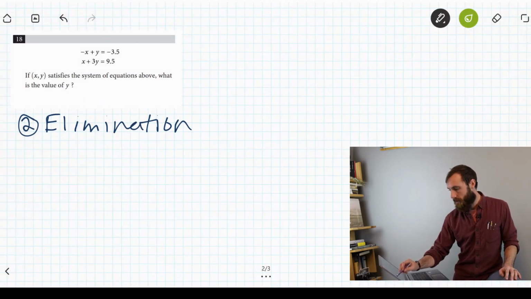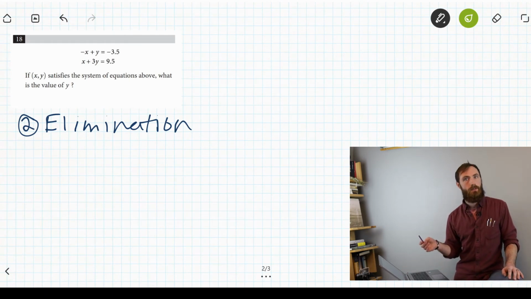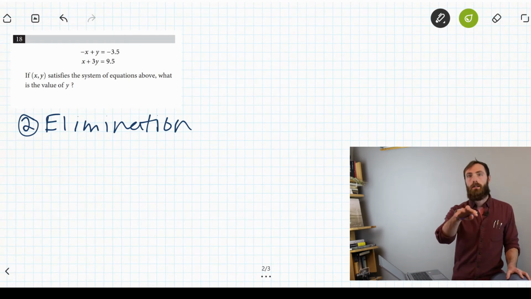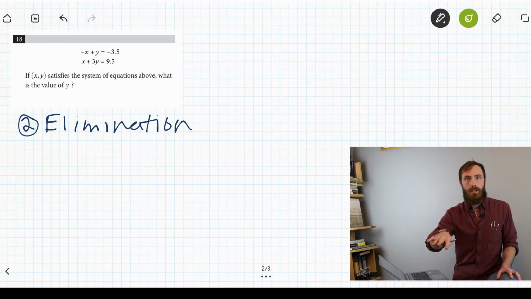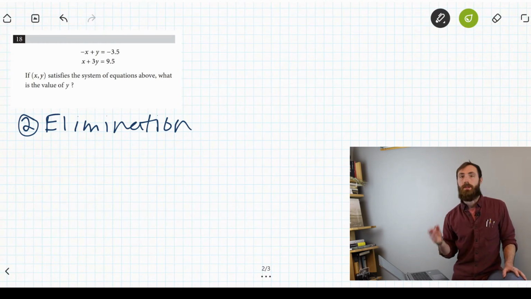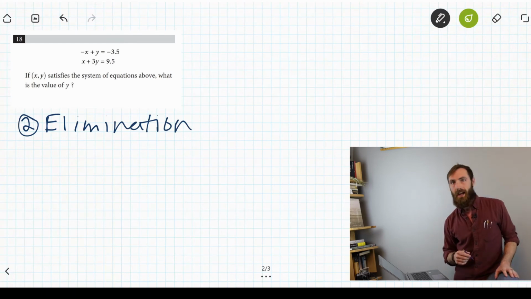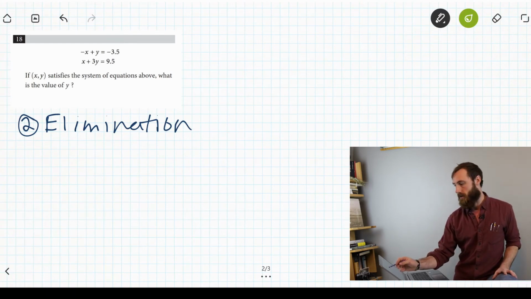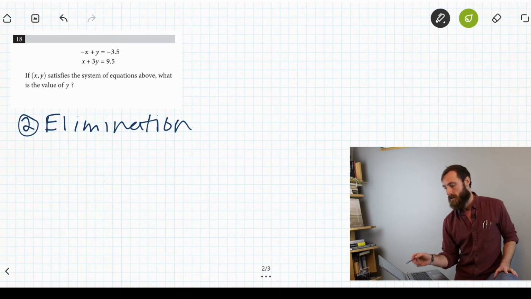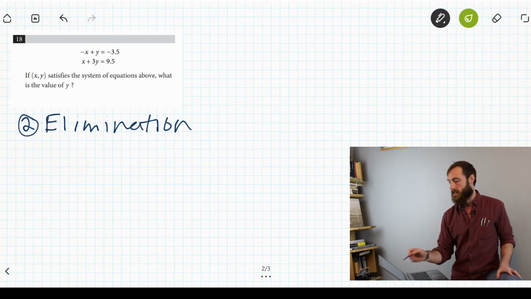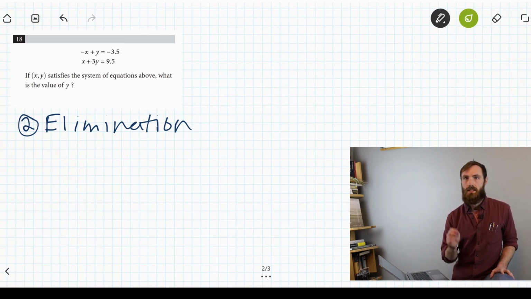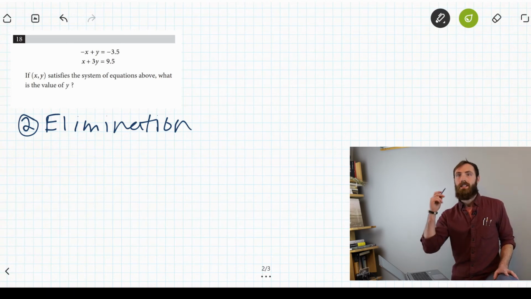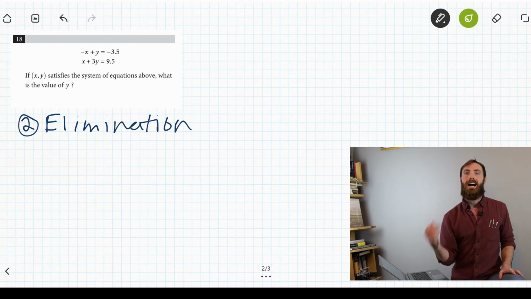Whereas substitution was about isolating a variable and then substituting what it equals into the other equation, elimination is a little sneakier. It feels a little more like magic, which I think is why it's more exciting. So what I need to do to notice that I can use elimination is look at these equations and see if there are any variables that have the same or opposite coefficients.